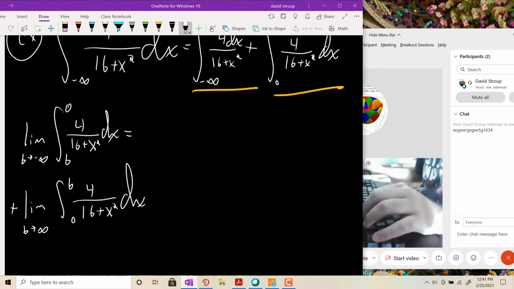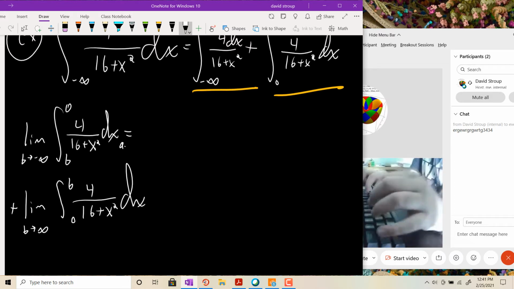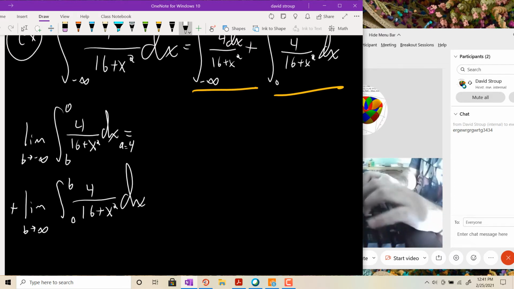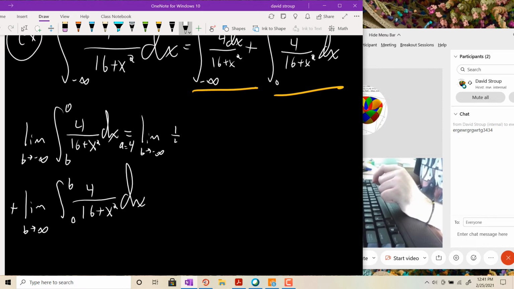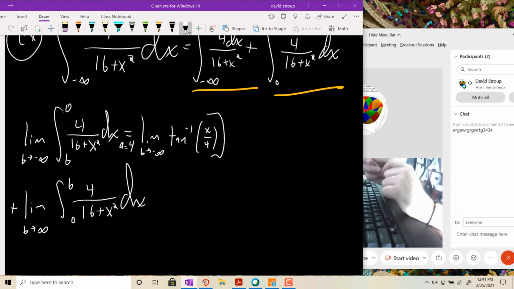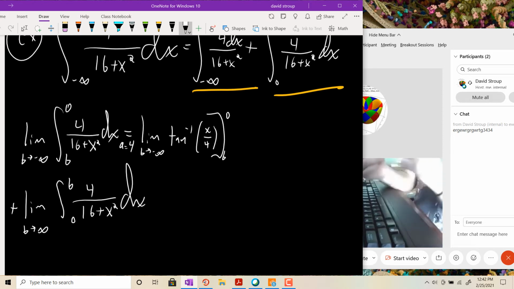Okay, this thing is clearly just an inverse tan with a value of 4. So I have the limit as b goes to negative infinity of 1/4 tan. And I got another 4 in there. So 4 times 1/4 is just going to be 1. I have a feeling I'm going to need some more room. So I got tan inverse of x over 4, and I'm going from b to 0.